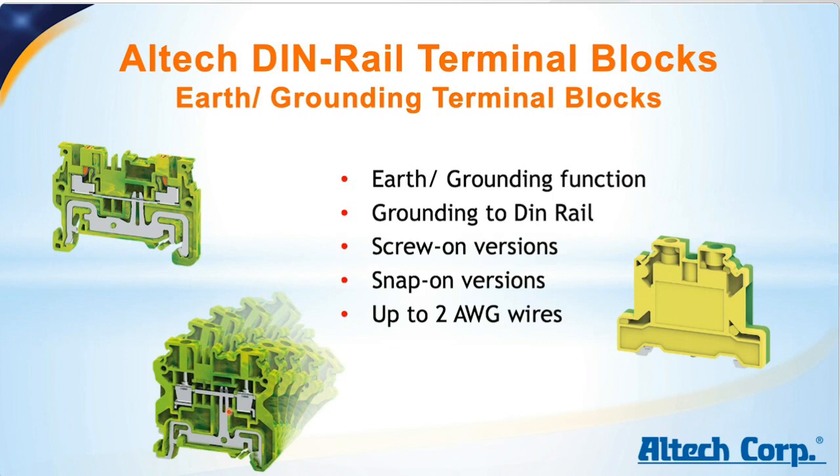The other option for a grounding or earth terminal block we have are so-called snap-on versions, where you don't need a tool and the terminal block is just like a regular feed-through terminal block snapped onto the rail, but you still have your grounding or earth connection between the terminal block and the DIN rail.